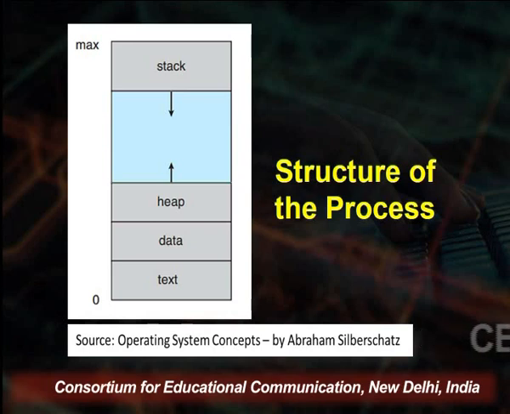So if we want to have a look at how this process looks, or how all these elements are arranged, here is a figure of the structure of the process in which you can see there is memory starting from 0 to max.